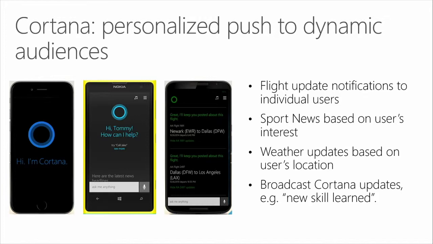And Cortana uses notifications in a big way to alert its users about anything they were interested in, or may be interested in, whether it's flight update notifications sent to individual users, sport news sent to groups of users based on the dynamic interests that Cortana infers, weather updates based on the user locations that can change over time, or just sending broadcasts to large segments of users about recent skills that Cortana acquired that could be relevant to particular users.